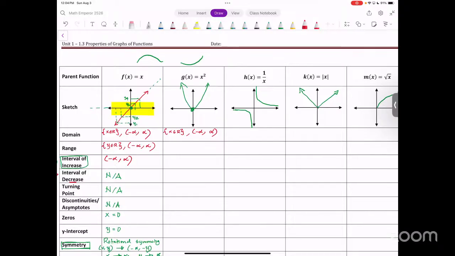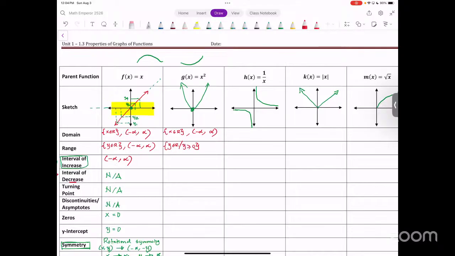The range is curly bracket, y belongs to the reals, such that y is greater than or equal to 0, and then curly bracket. Okay, pretty good.